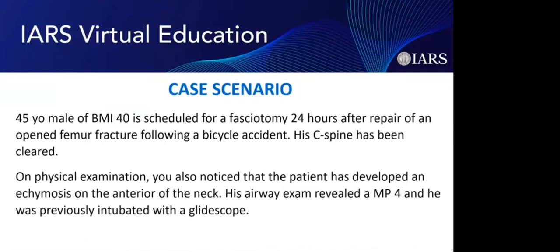On physical examination, you also notice that the patient has developed an ecchymosis on the anterior of the neck. Airway exam reveals a Mallampati 4, and he was previously intubated with a GlideScope. How would the use of gastric and airway ultrasound be helpful in this scenario, in decision-making and management plan?